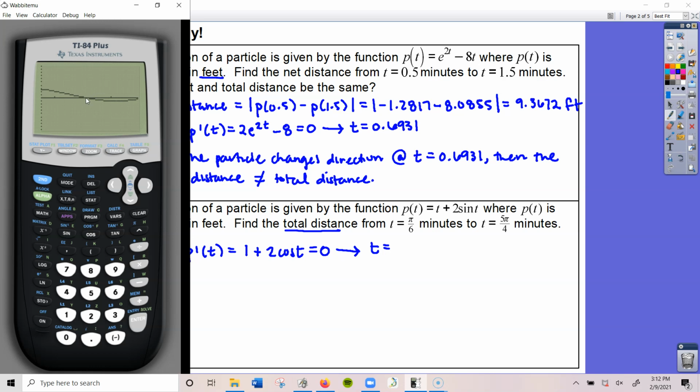Now we can see that right here at the x-intercept, that's where my particle is changing direction. Since the velocity is positive, that means the particle was moving to the right, and then afterwards it was moving to the left. So we need that value.